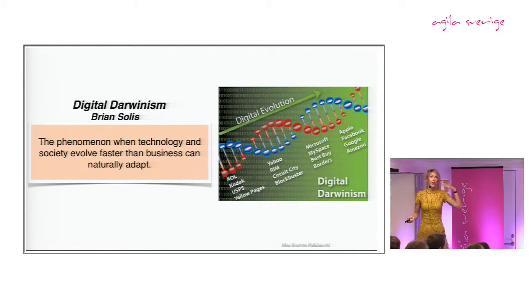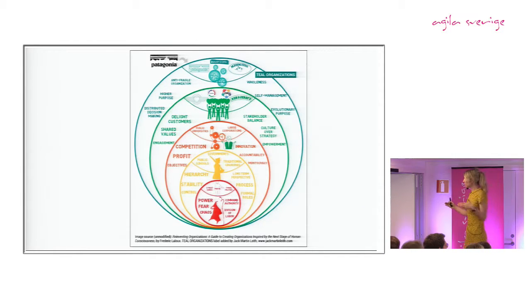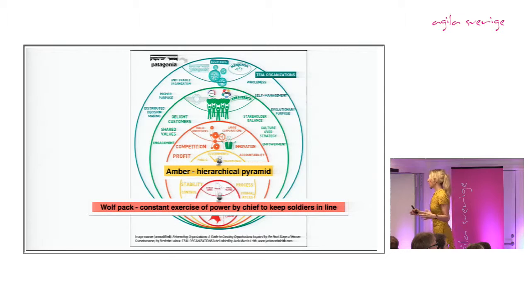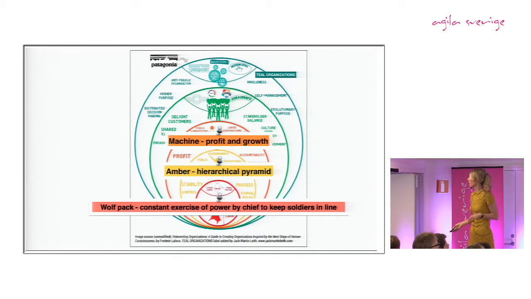So we have to change the way we do management in our organizations. And organizations are classified into different types. For example, a red type organization works as a wolf pack. It has one chief and everybody is following the chief. Amber type focuses on stability. It's like a hierarchical pyramid, like in the military, a strong hierarchical structure.